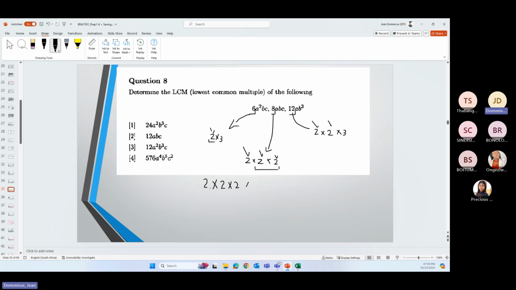Then let's see how many 3's there are. Okay, there's one 3, and that 3 covers that 3, and there's no 3 in here. So if I just look at my numbers, it is 2 times 2 times 2 times 3. That's 2 times 2 times 2 is 8, times 3 is 24.